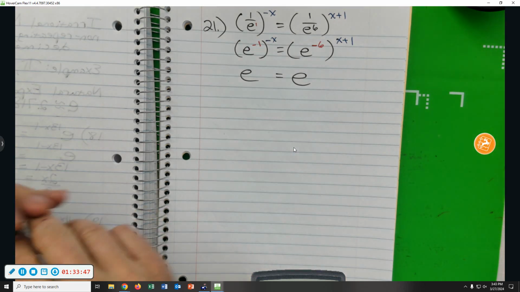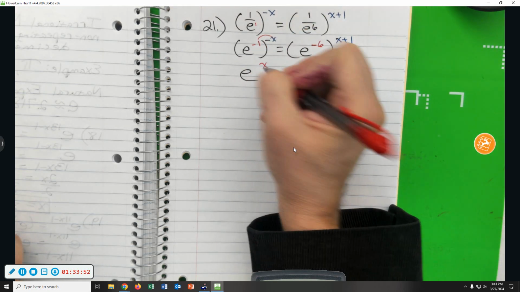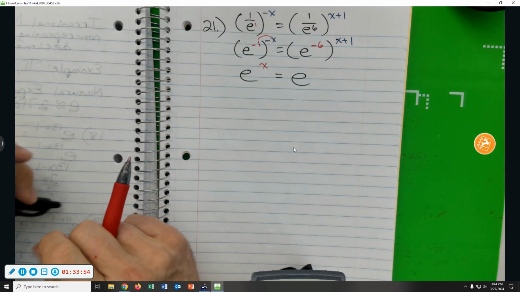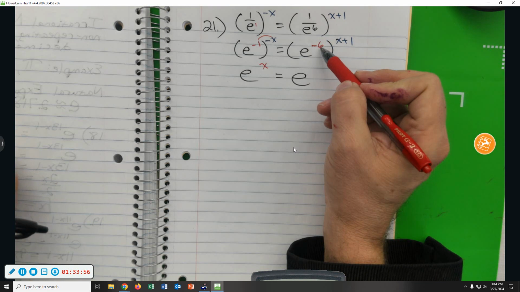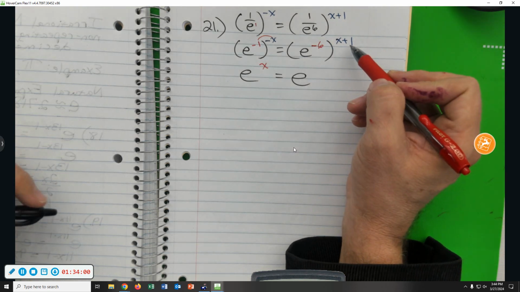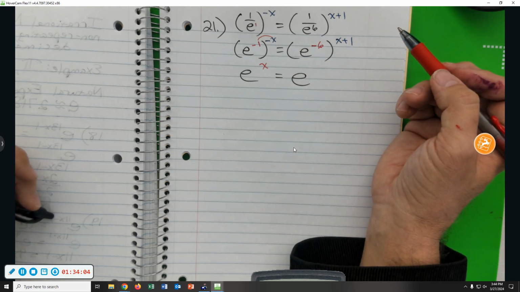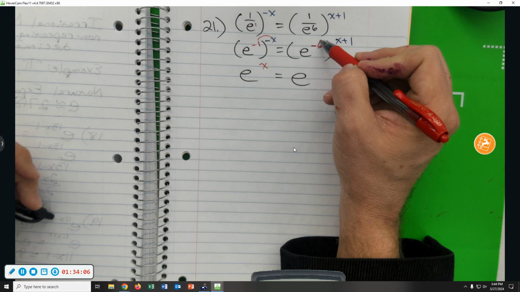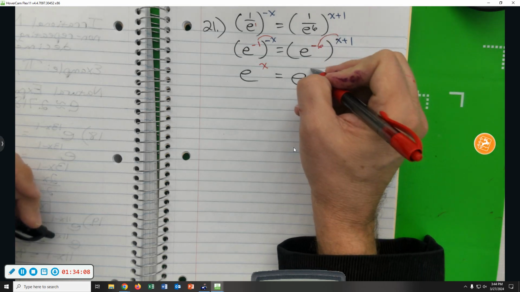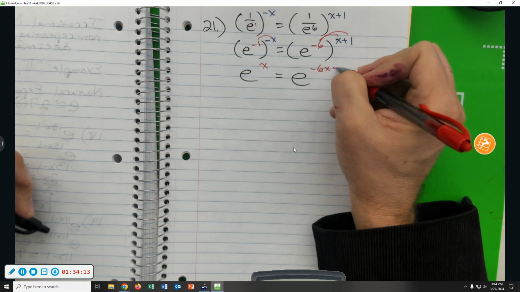This is going to work out very nicely to just x, a positive 1x. We have e to the negative 6 raised to the x plus 1. So what do we have to do? We're distributing to give us a negative 6x, and what else? Minus 6. Good.